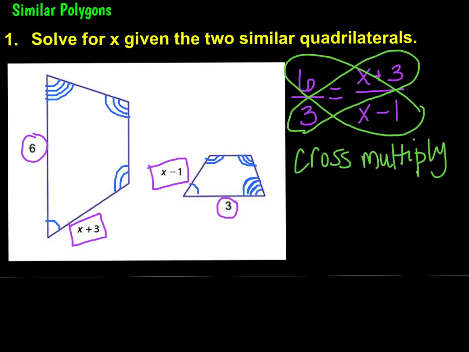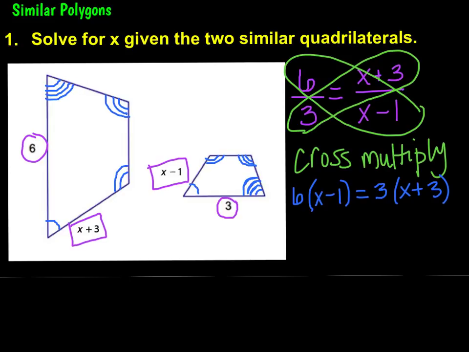Okay, so what happens when we cross multiply is we're going to multiply the 6 times x minus 1 and set that equal to what happens when we multiply the other two numbers. It would be 3 times x plus 3.